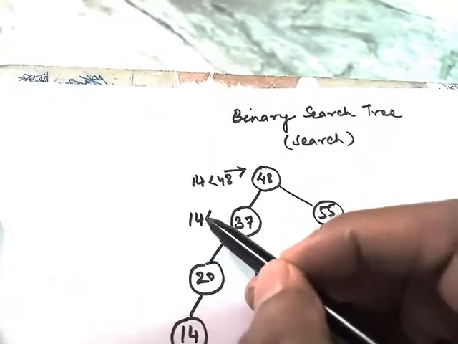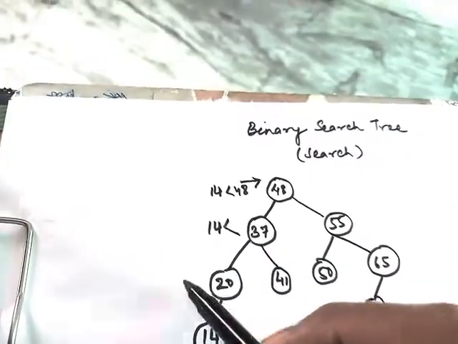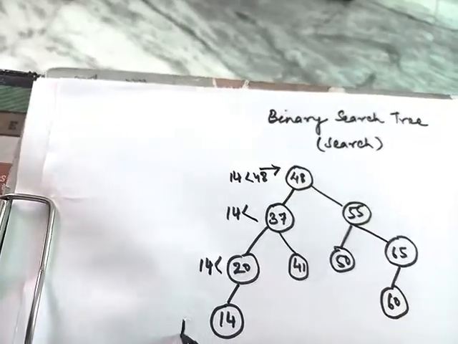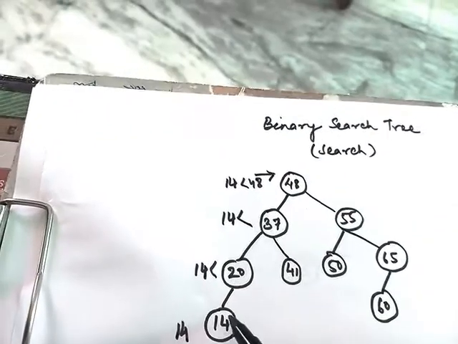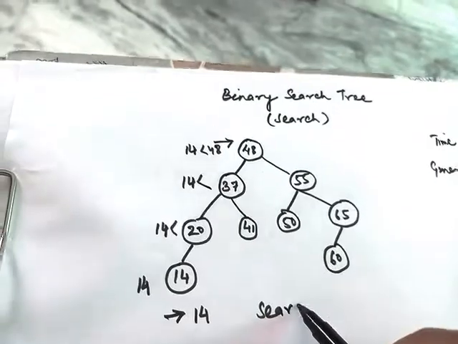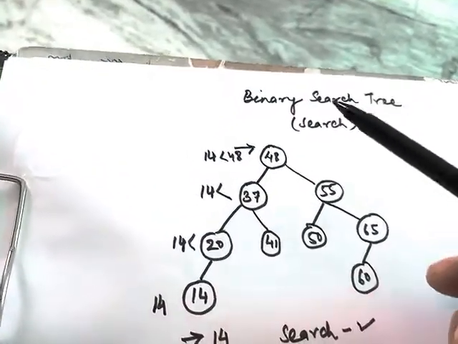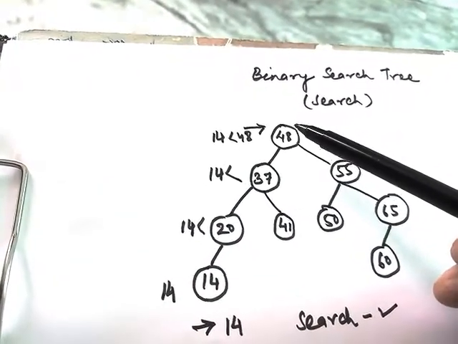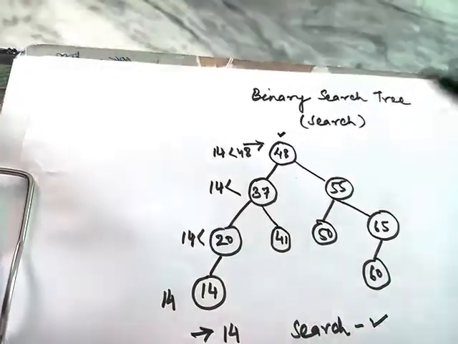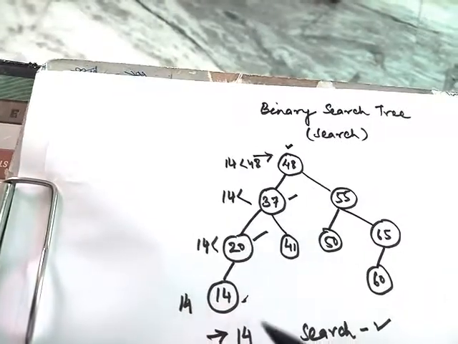Again, 14 is less than 37, so it will go to the left. 14 is less than 20, it will go to the left, and here 14 equals 14. So the search is successful. And you can observe how many comparisons I have done: first comparison at this node, second comparison, third comparison and fourth comparison.